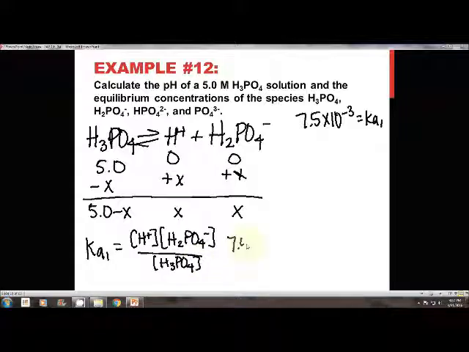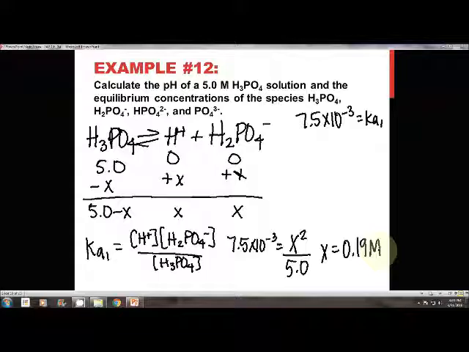Setting that up, we do the assumption for figuring out X. So we have 7.5 times 10 to the -3 equals X times X on top, so X squared, over 5. When you solve for X, X is equal to 0.19 molar. This tells us 3 bits of information.